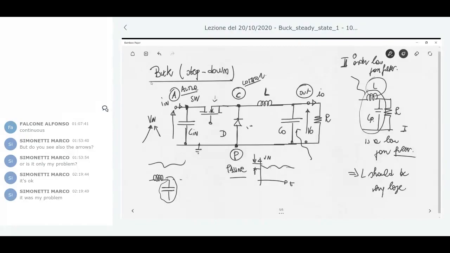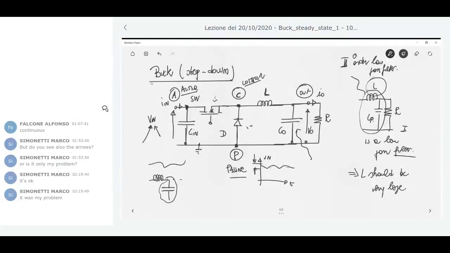So when you look at all the converters, not only the buck but the boost, the buck-boost, etc., you can always find these three nodes connected in the same way. It's like these are basic connections that are the same for all the converters.